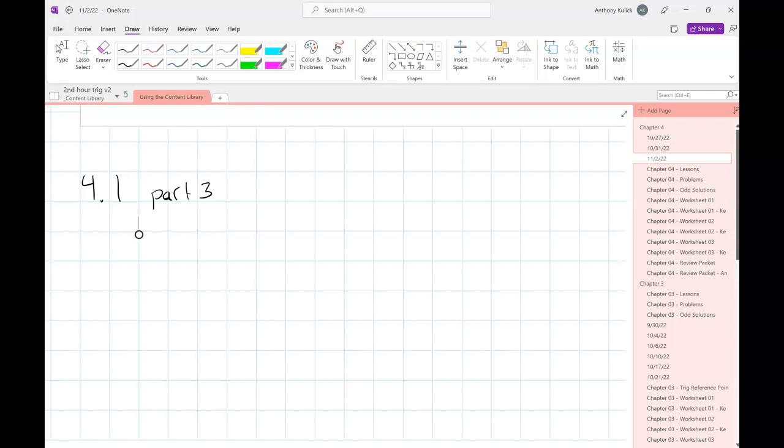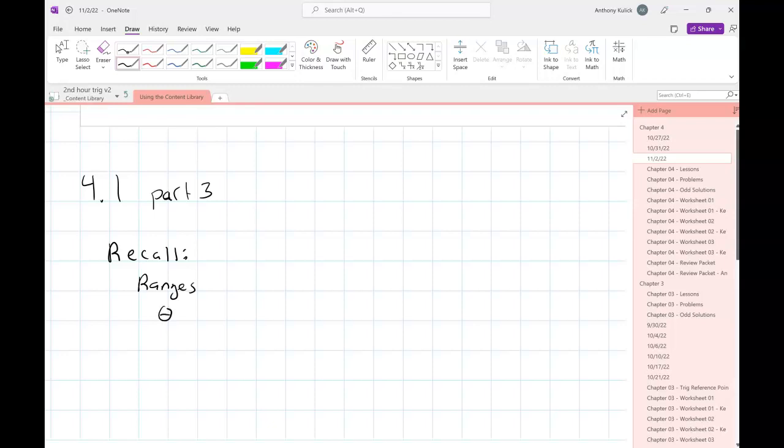All right, 4.1 part 3. Here in this section, the last piece that we need to do, we're going to need to remember the ranges.